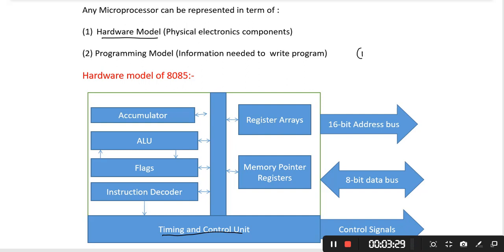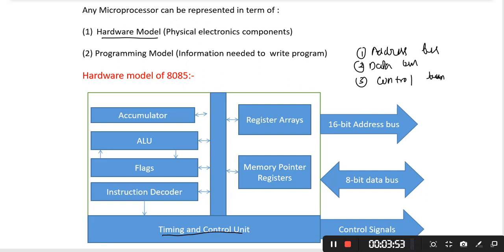One is called the address bus, the second one is called the data bus, and the third one is called the control bus. So through these three buses, any microprocessor can communicate with outer devices.